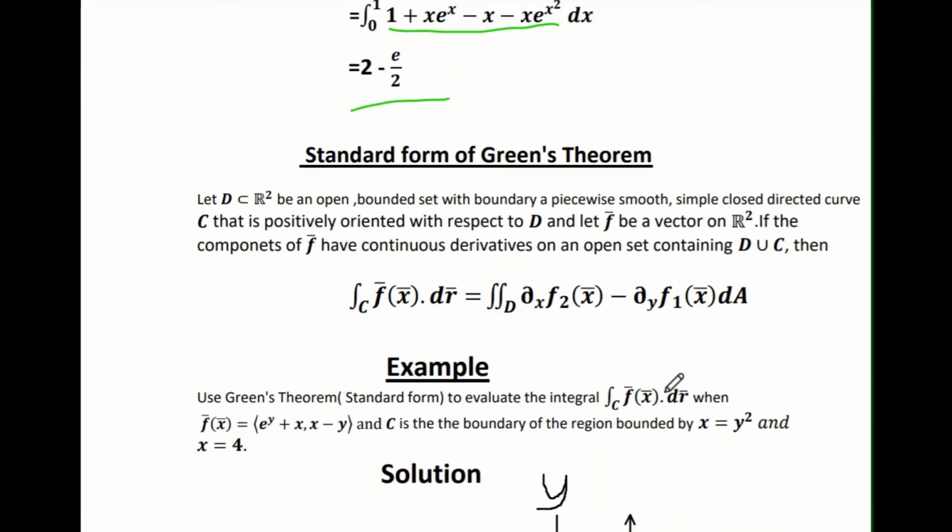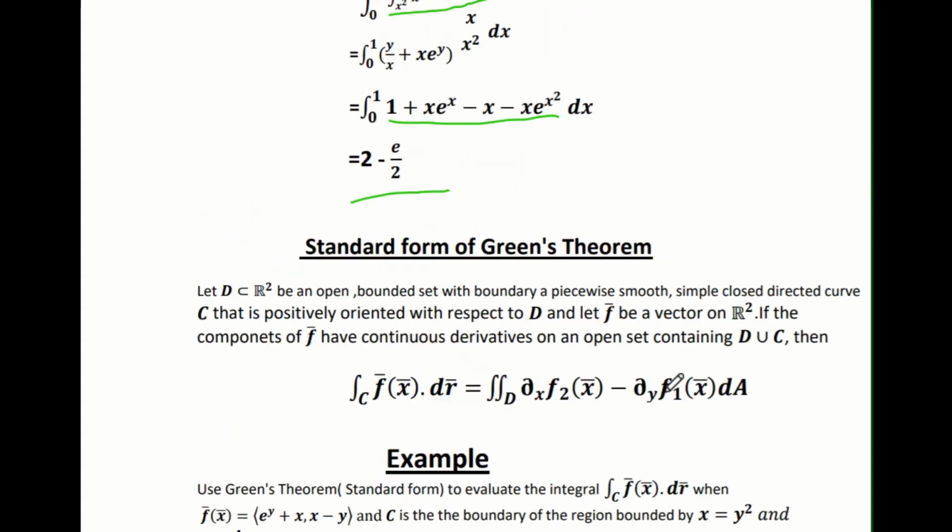Now we'll jump into the standard form of Green's theorem. The definition says, let D in R2 be an open bounded set with boundary a piecewise smooth, simple closed directed curve C that is positively orientated.